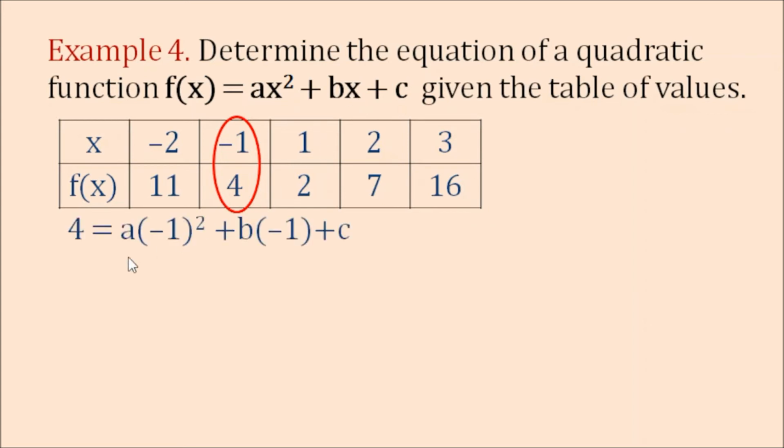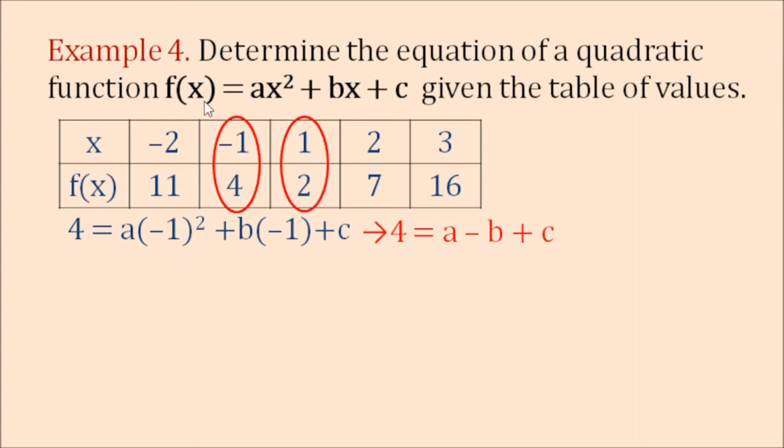So we have our first equation. 4 equals a times the quantity negative 1 squared plus b times negative 1 plus c. And simplifying this, we will get 4 equals a minus b plus c. And for our second equation, we are going to use this point, 1 and 2.